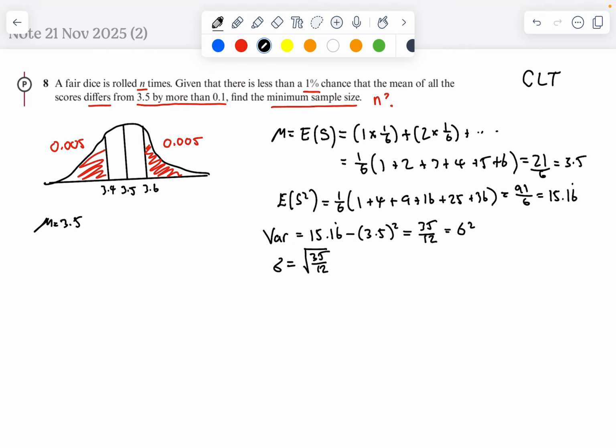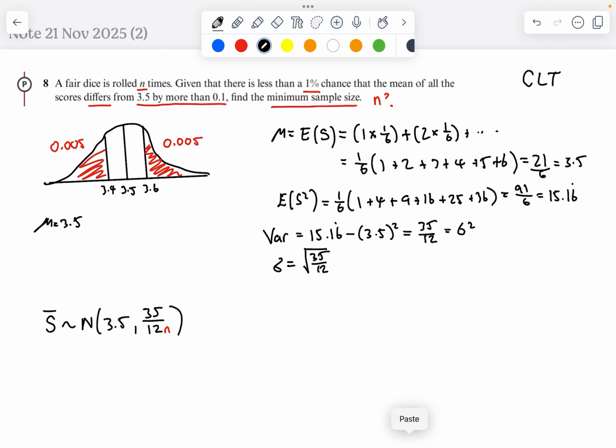Right, now we can think about using the central limit theorem. So if I take the average of my means, they'll be normally distributed with a mean of 3.5 and a variance of 35 over 12 divided by n. And n is the thing that I don't know. Right, now what are we trying to do?